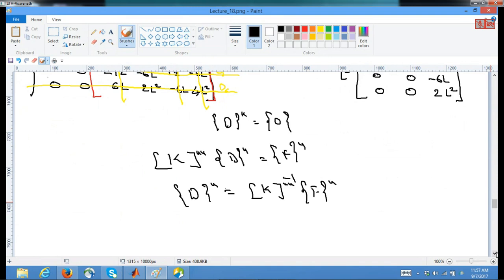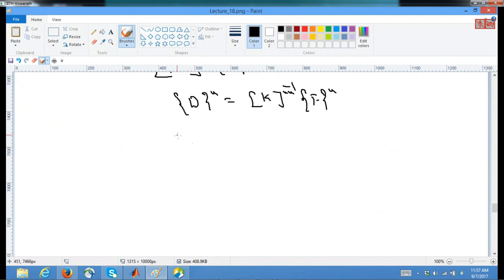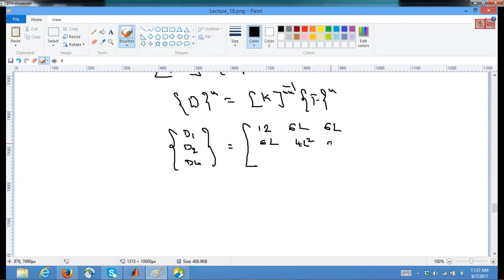So that is our D1, D2, D4 is the inverse of 12, 6L, 6L, 6L, 4L square, 2L square.